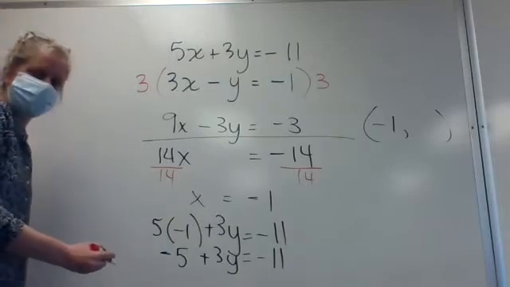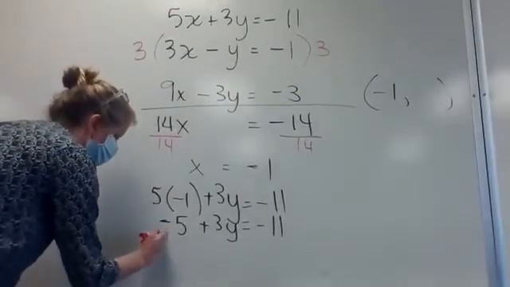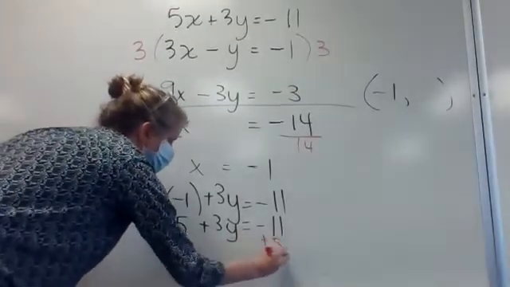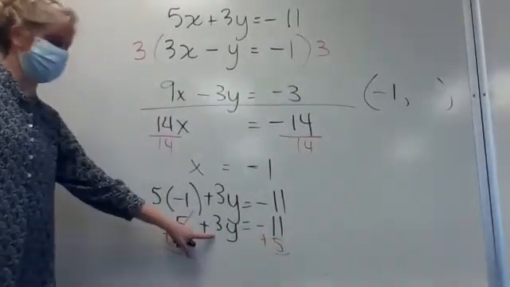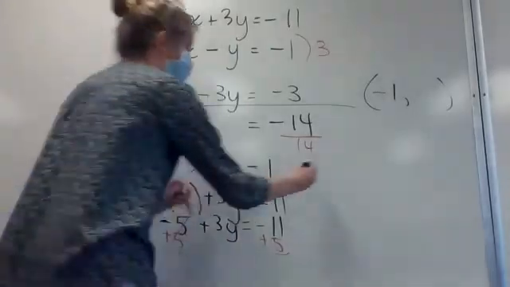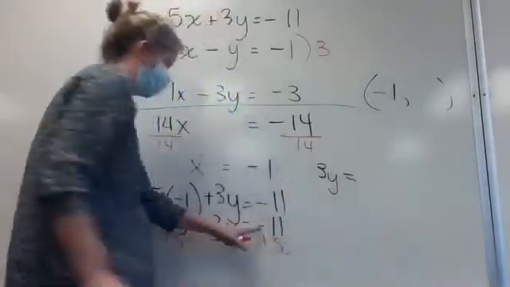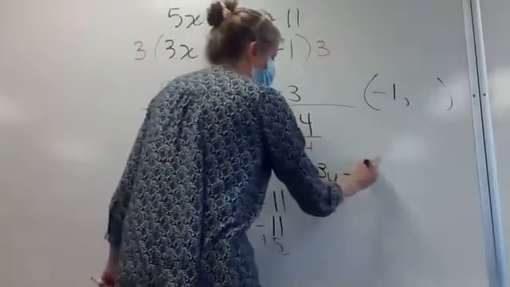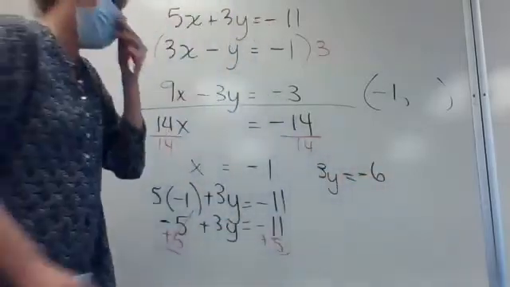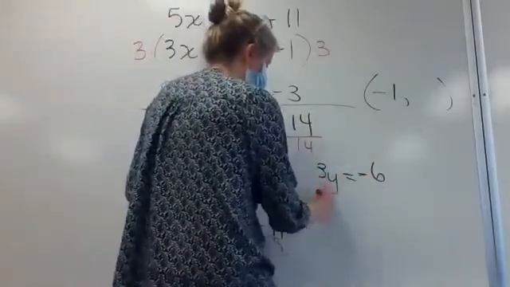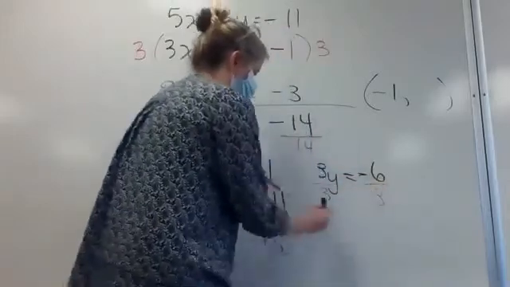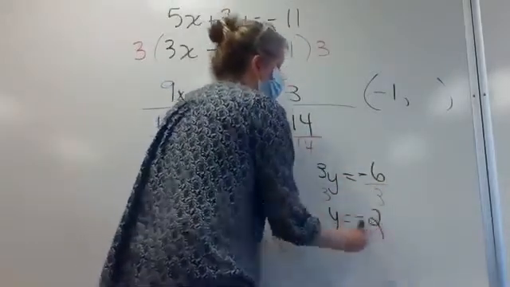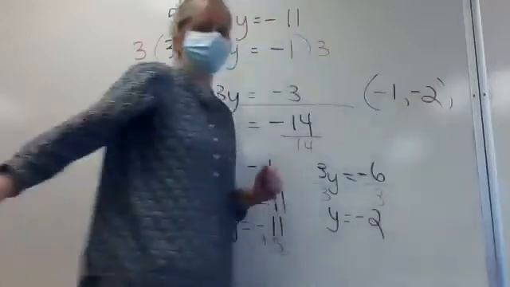So if I add the 5 to both sides, what am I left with on the left? 3y equals negative 11 plus 5, which is negative 6. Divide both sides by 3. Good. Y equals negative 2.